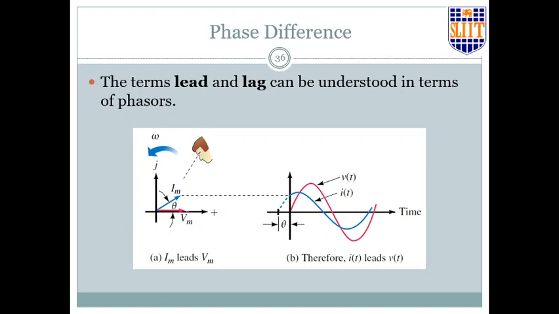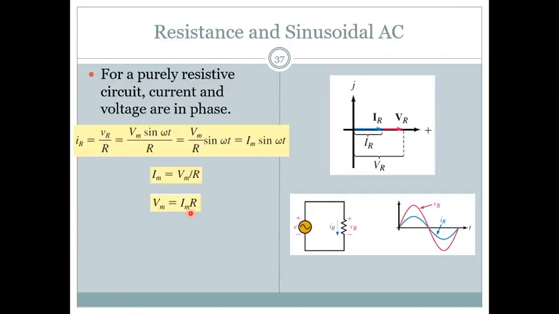Now in the phasor diagram, you can see that if you have a positive angle from here, that is a leading waveform, this is lagging. So it can be at different positions. We will look at that a little later on.